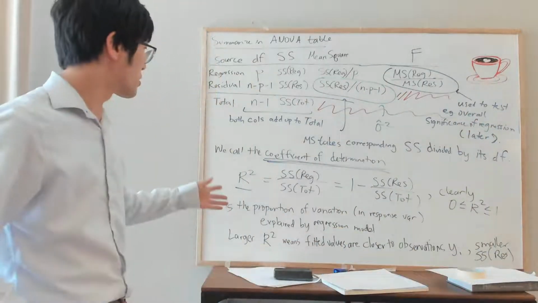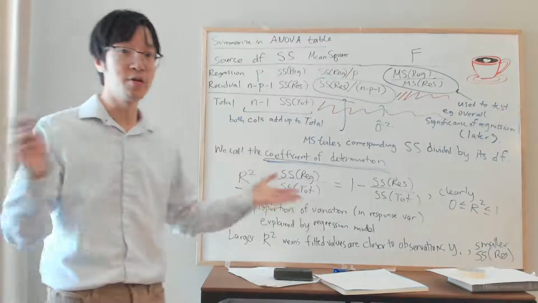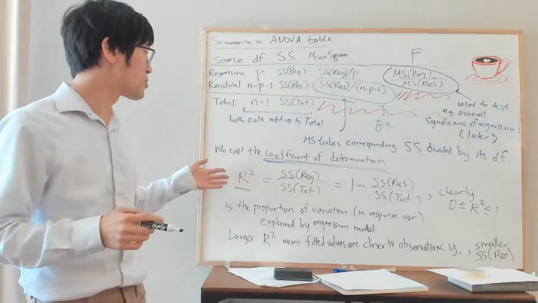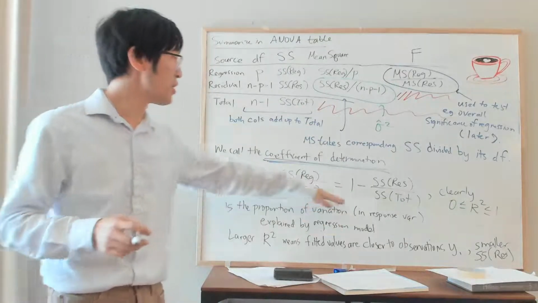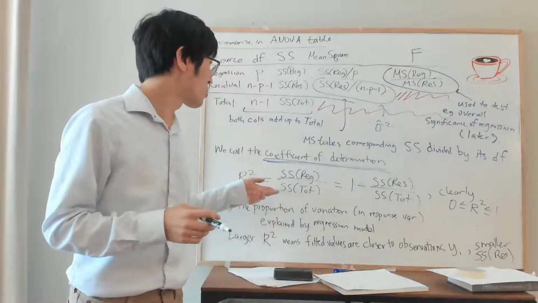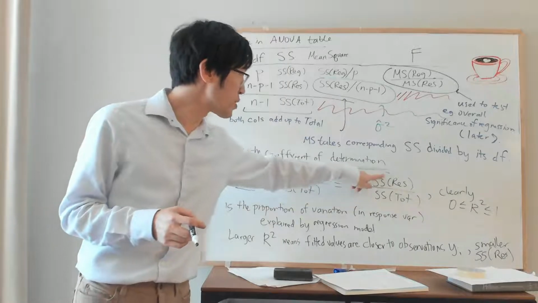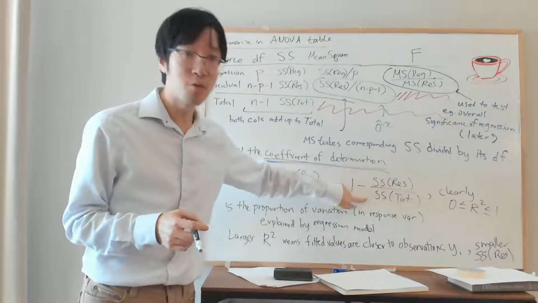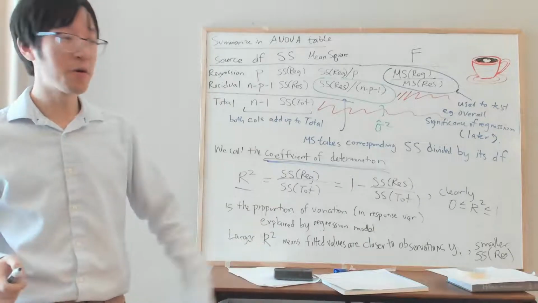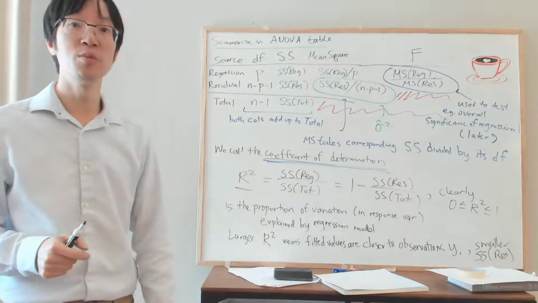Okay, so R squared measures the balance between these two components. The larger it is, the smaller the remaining fraction. Remember, the remaining fraction is represented by the sum of squares residual over the total. So if you have a large R squared, that means the residuals tend to be small.